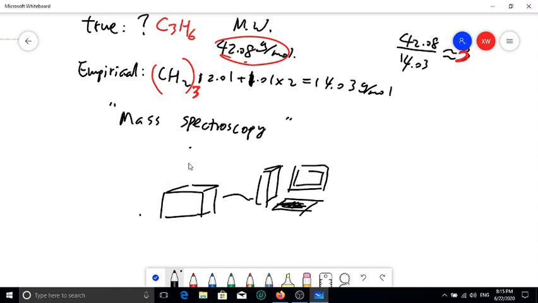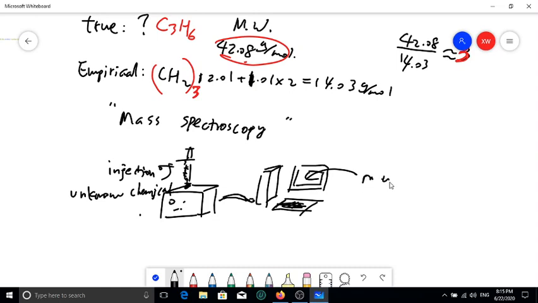Now what you're gonna do here is, there's usually a hole here and a bunch of switches. What you can usually do is use a syringe to inject any unknown chemical into this machine, and this machine will do the analysis, and what's shown on the computer is going to be the molecular weight.